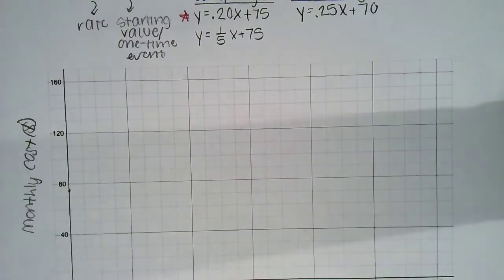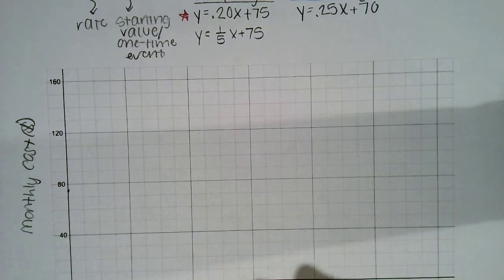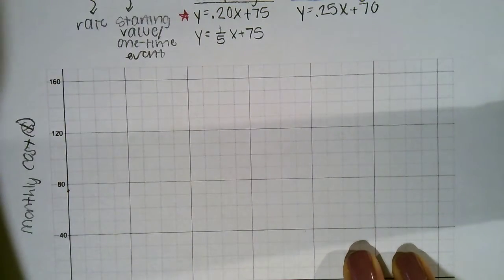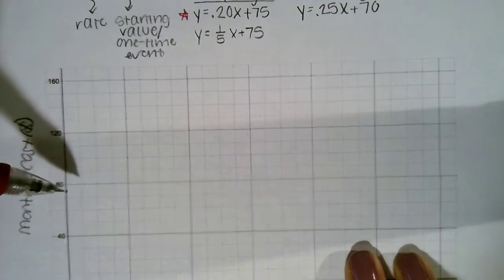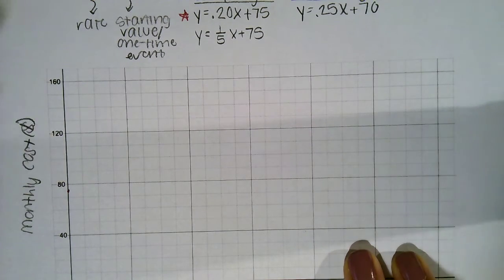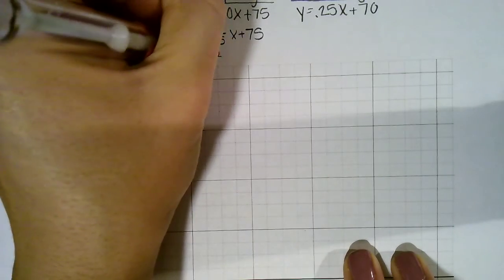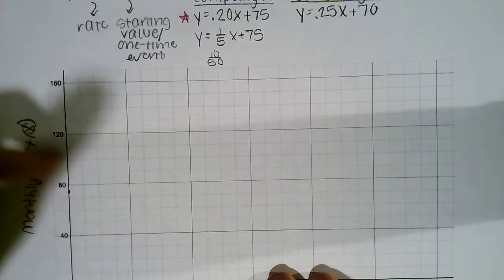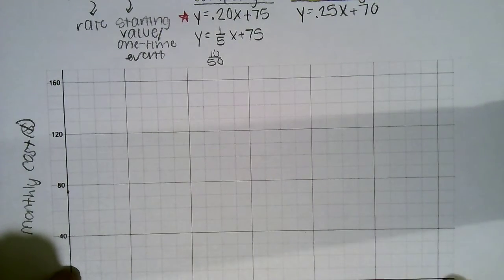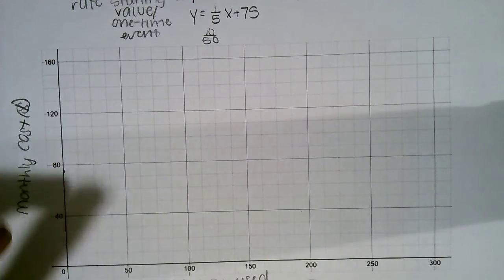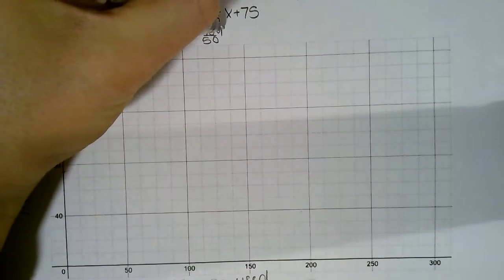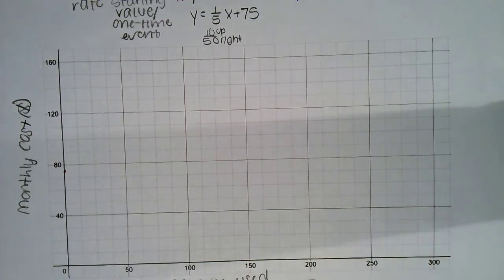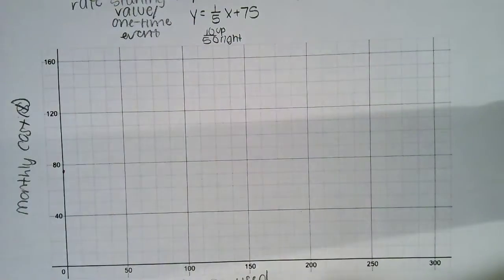And this 0.2, I can say this is 1/5, that rate, because it's 1/5 x plus 75. Sometimes it's a little bit nicer to see my slope as a fraction. So 1/5, let's say this is the same as 10 over 50, right? 1/5 is 10 over 50. This makes it a little bit easier for me just because I have such big numbers for my intervals. So now I can see, okay, I go up 10 and I go to the right 50, because our slope is rise over run.